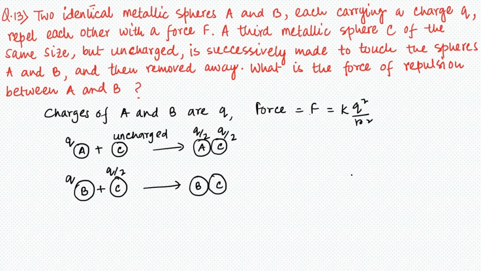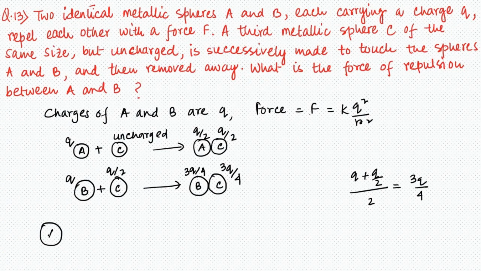So that time the charge would be (Q + Q/2) divided by 2, which is 3Q by 4. So B will get 3Q by 4 charge, and C would also get the same charge, 3Q by 4.